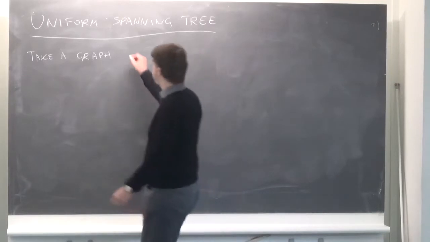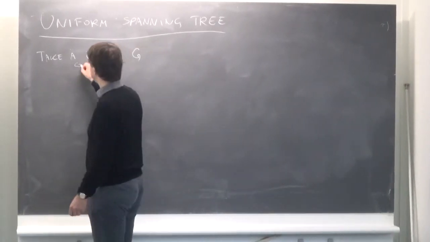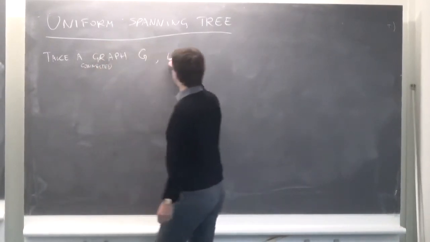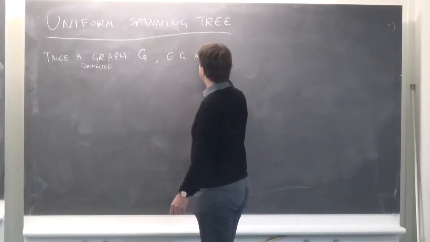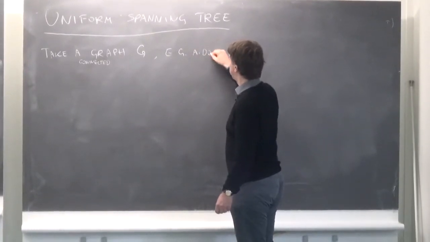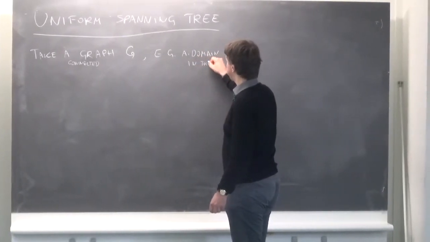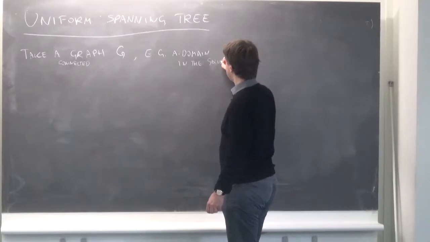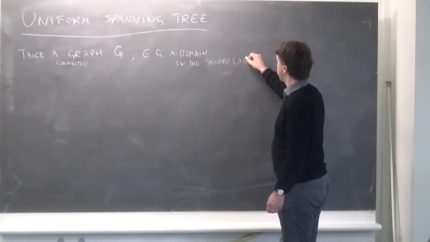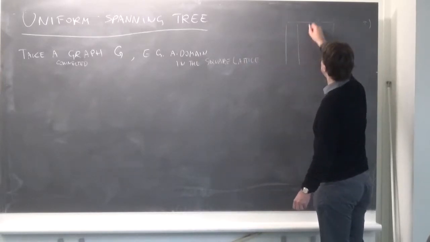So we take a graph G, a connected graph, for example part of a domain in the square lattice. Something like this.